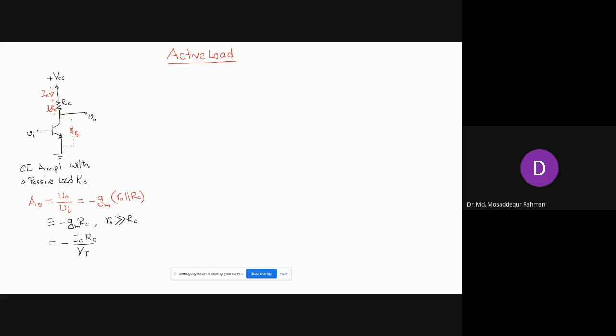So IC RC is basically the voltage drop across RC. The interesting thing to note here is that the gain of the amplifier is nothing but the voltage drop across RC divided by VT, the thermal voltage. VT is constant. So for higher gain, we need a higher voltage drop across RC. That is the measure of the gain.